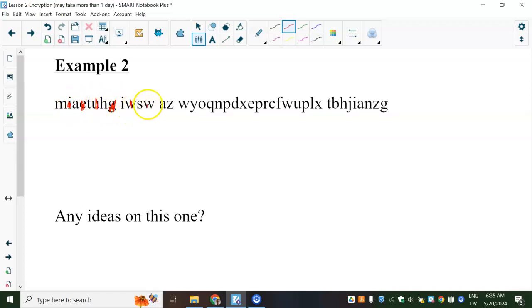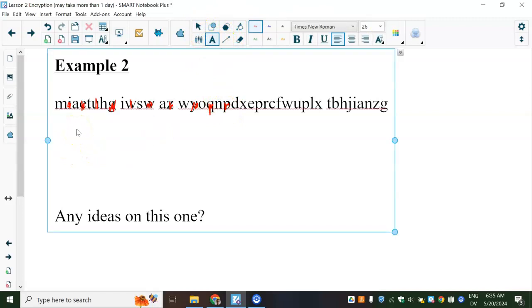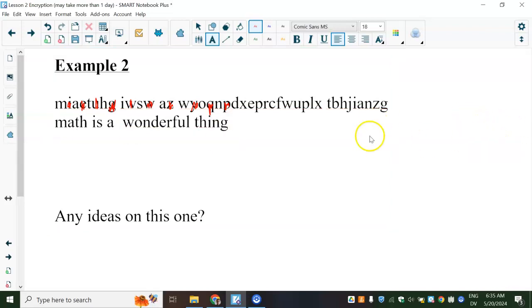I don't know if you'll be able to see this very well because I'm kind of scribbling these out. But if you do this and keep going, take out every other letter, you'll get the message that math is a wonderful thing. Right? So, I don't know, kind of interesting.